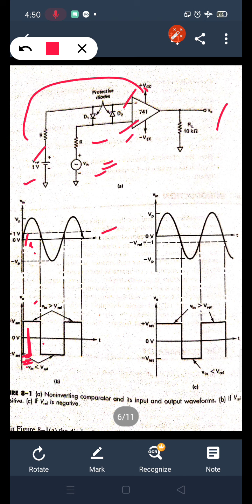Suppose our input voltage is greater than the reference voltage of 1 volt.